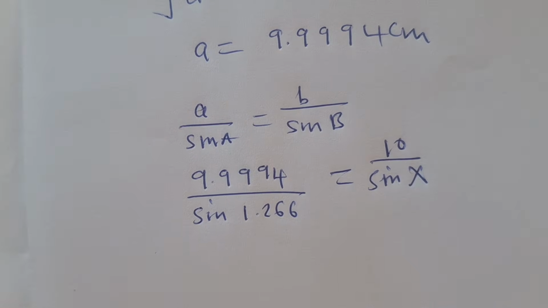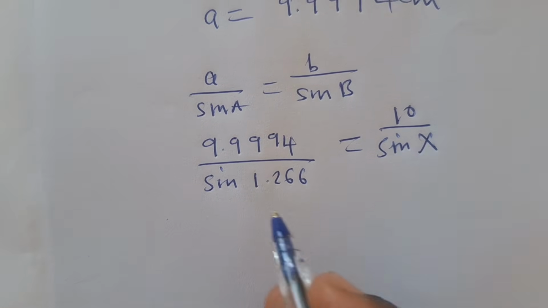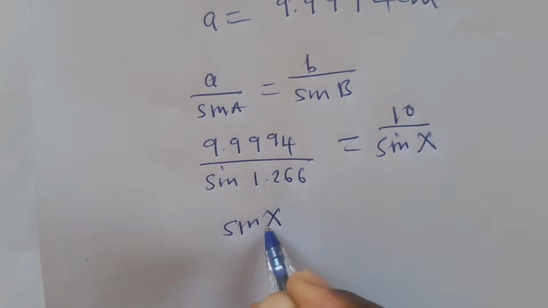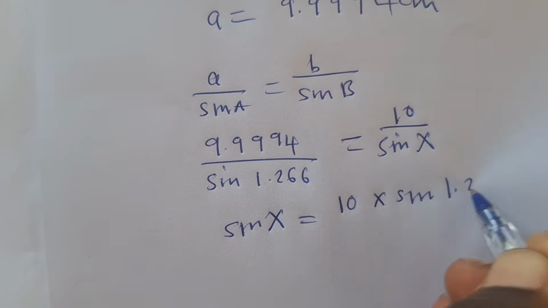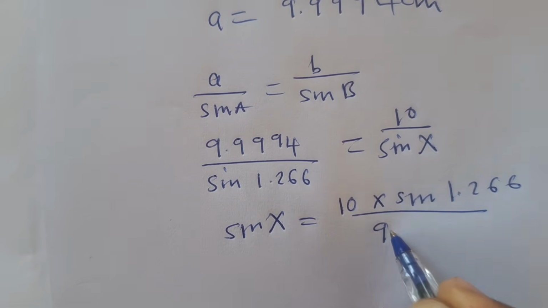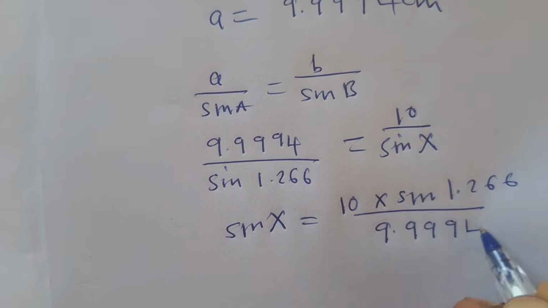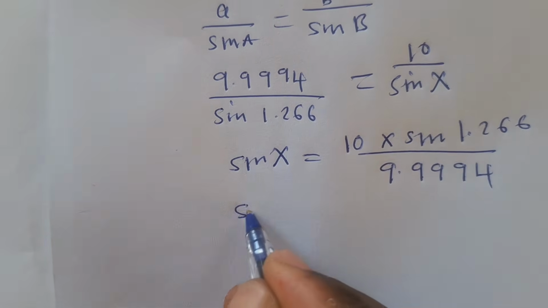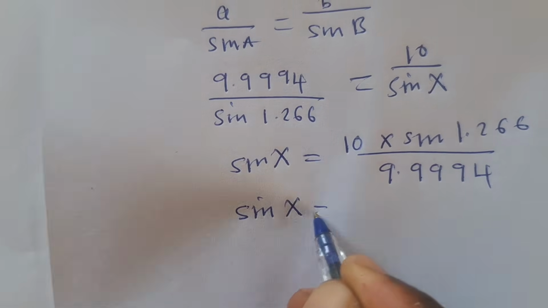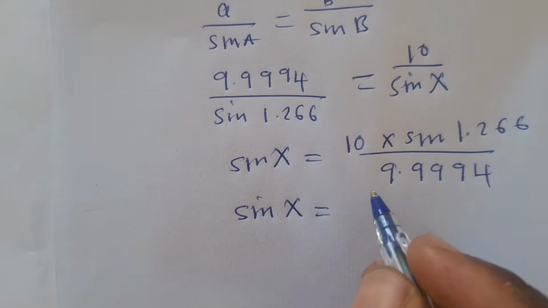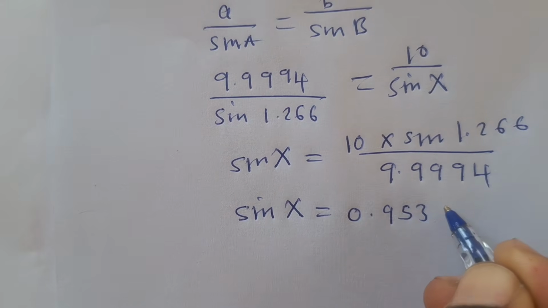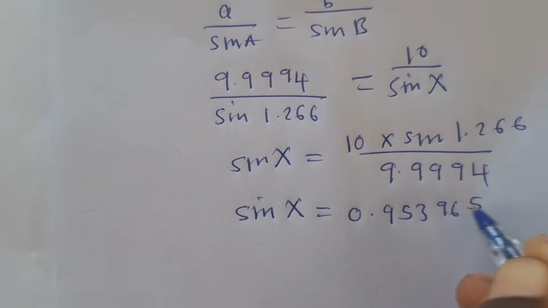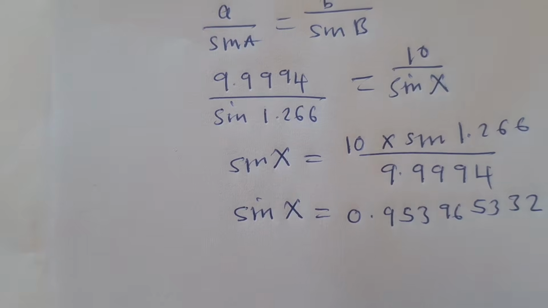So we solve, we can cross multiply. When you cross multiply, we are getting sine x is equal to 10 times sine 1.266 over 9.9994. So sine x is equal to, when I punch this on the calculator, 0.953965332.